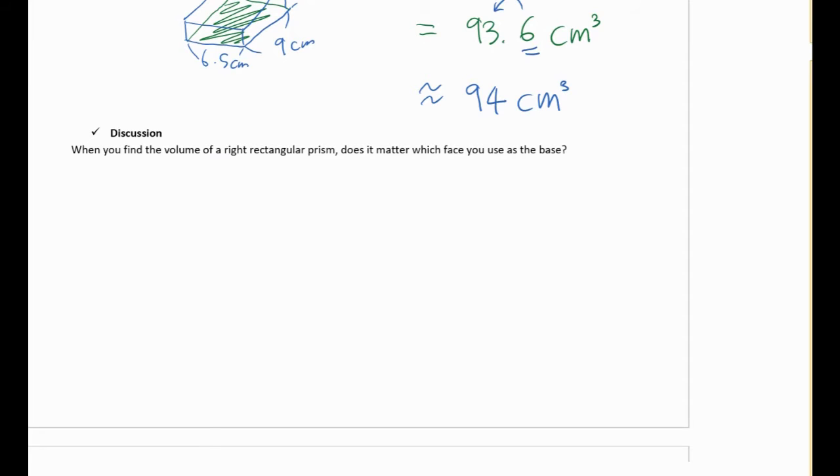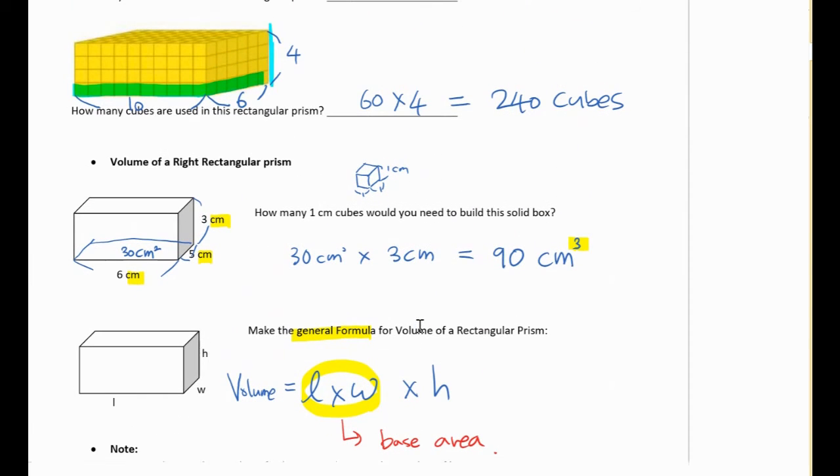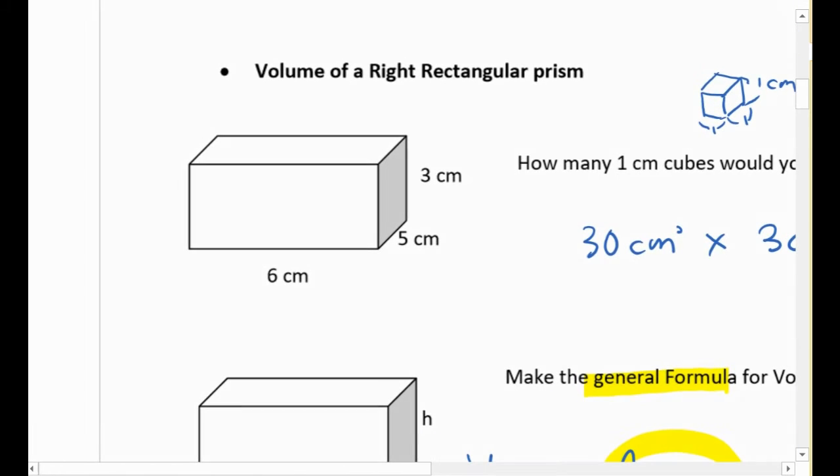Okay, when you find the volume of a rectangular prism, does it matter which face you use as the base? Okay, what do you think? Let's think about it, everyone. Go back to this question. We just assume that this part is the base.